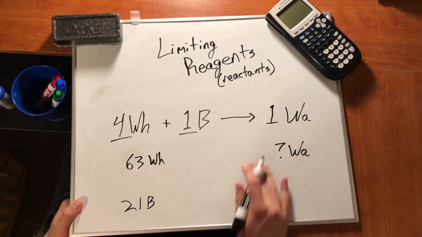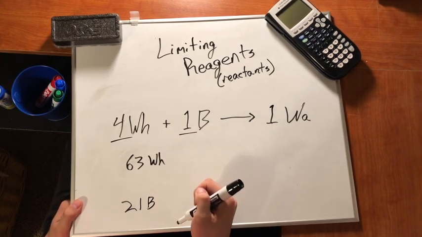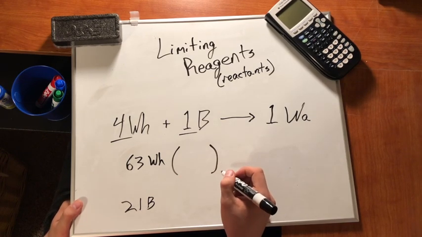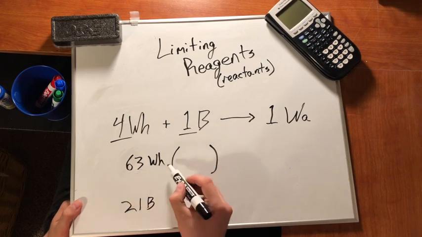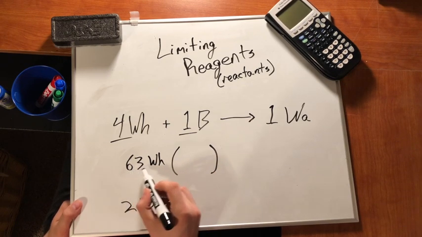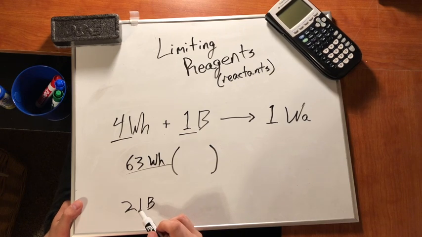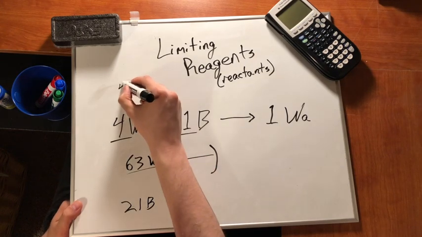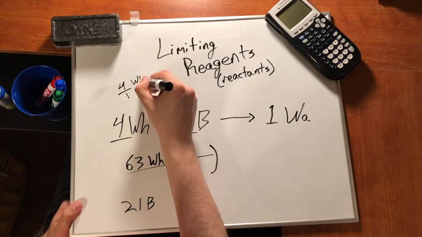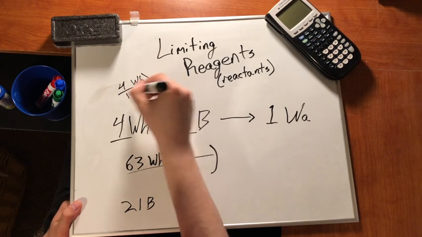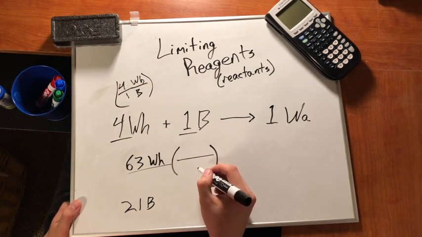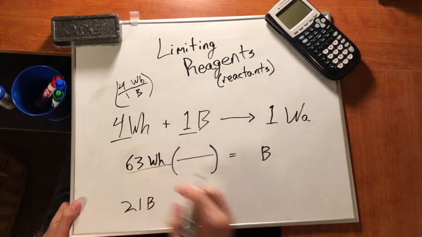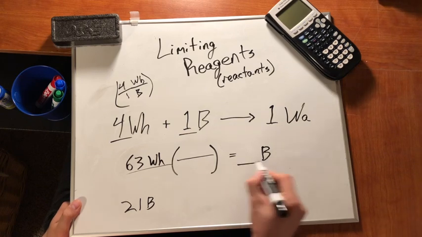Okay, so let's just assume I've got 63 wheels, and I'm going to figure out how many bodies I need to make wagons out of all of these wheels. Okay, so what I'm going to do is take my conversion, right? We said it was 4 to 1. And I'm going to use that to convert to the number of bodies that I would need to use up all these wheels. Okay, and I'm going to see if I have enough.